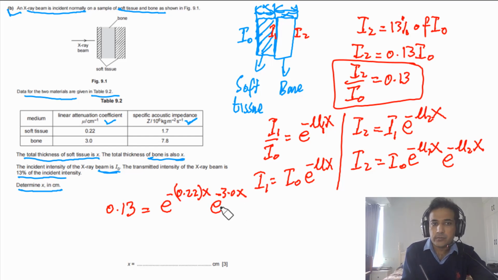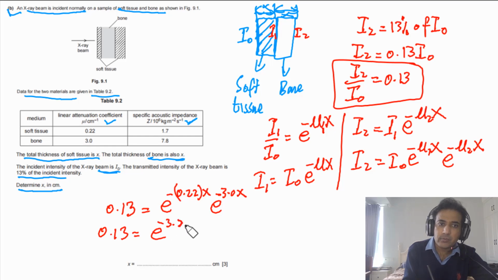So we need to find out the value of x from here. Simply we can say this is 0.1 in theory, and here we have e to the power. We can combine these two, and we will get 3.22 x. Now if we take ln on both sides, we take ln of 0.1, and ln of e to the power gives minus 3.22 x.